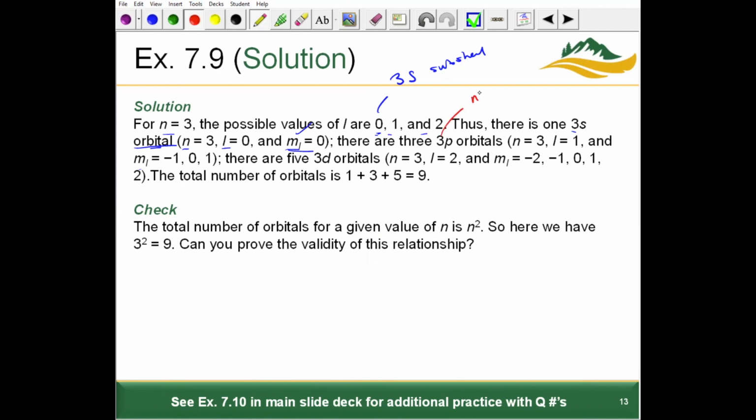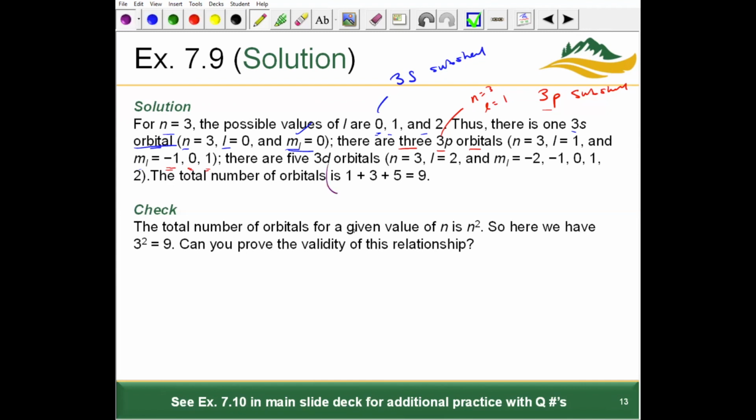Then for n equal to 3 and l equal to 1, that means we have a 3p subshell. Then if we include the m sub l value, we can call that a full orbital. So 3p subshell with the possible m sub l values of -1, 0, and 1, those are each of our 3 orbitals. So there are 3 3p orbitals described by the 3 m sub l values.